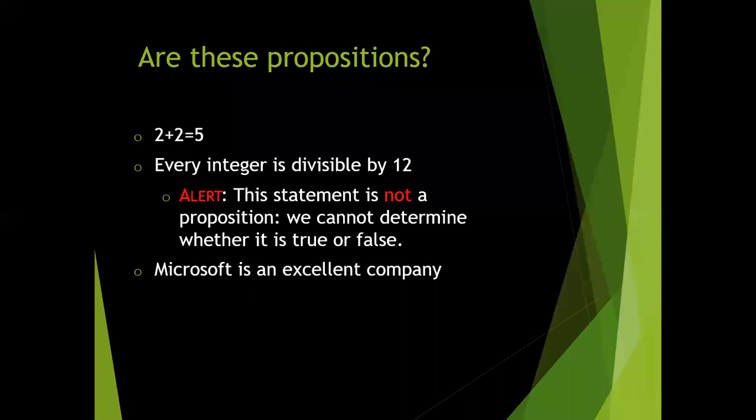For example, if we want to divide 10 by 12, it is not possible. If we want to divide 12 by 12, it is possible. The same statement is true in a certain condition and false in another condition. That's why we cannot define the sentence as definitely true or false. So we are going to say this is not a proposition.